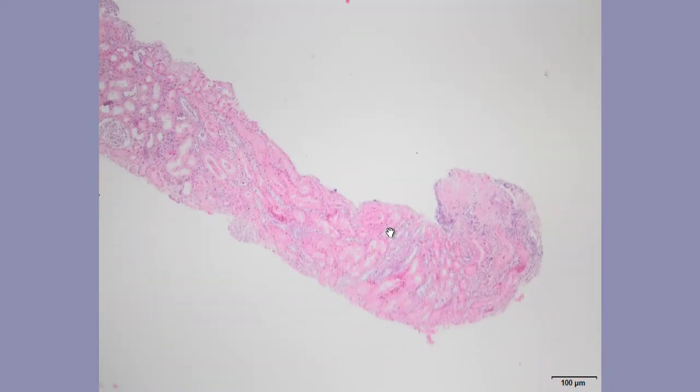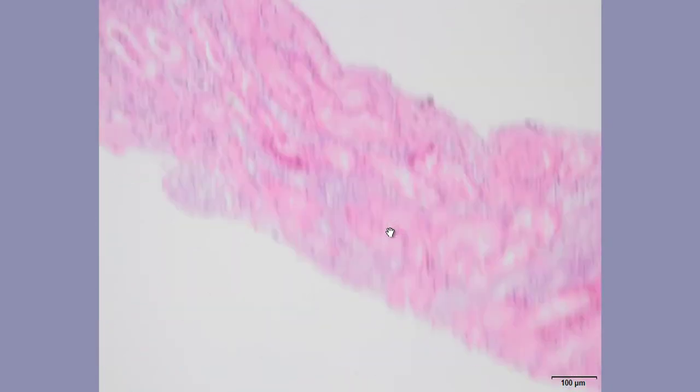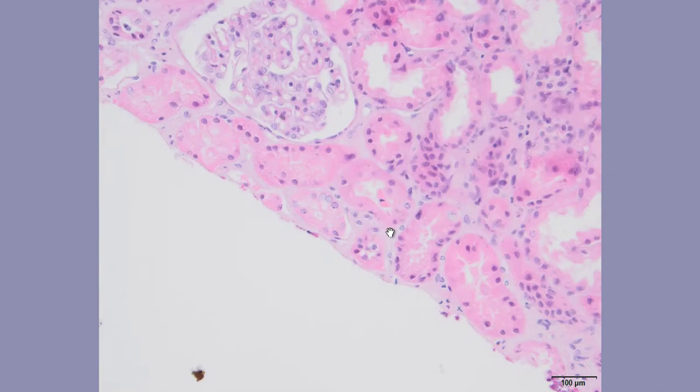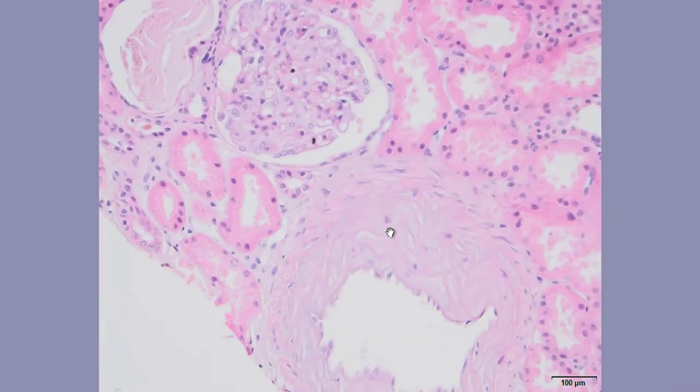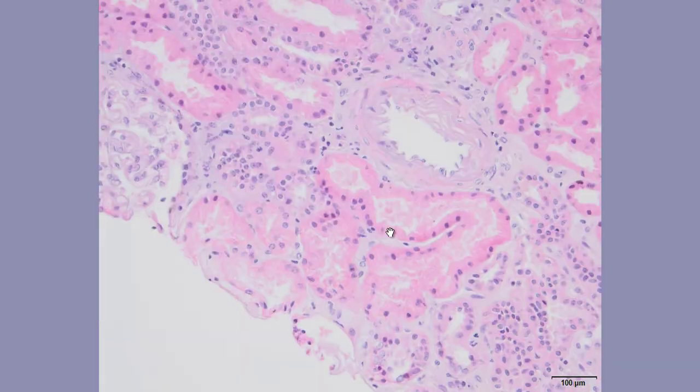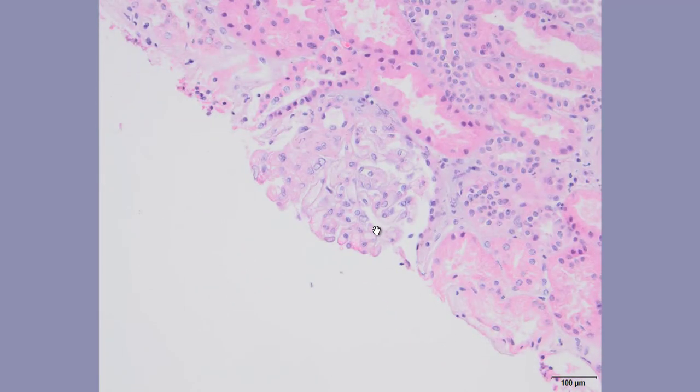If I pick up the pace, this is the second core. Where again we've got a little bit of inflammation. That does not make up 10% of the total cortical parenchyma. And as we move along, again, we come across this glomerulus where the capillary tuft is obliterated.